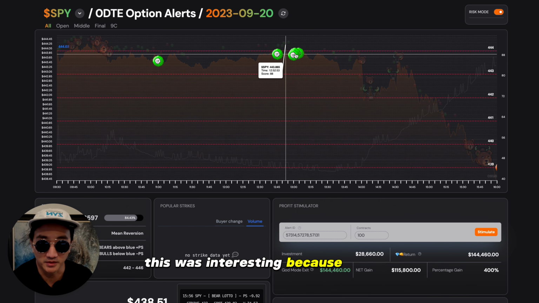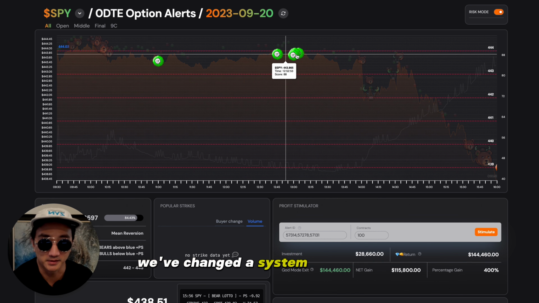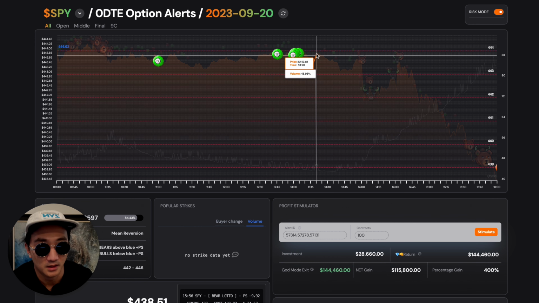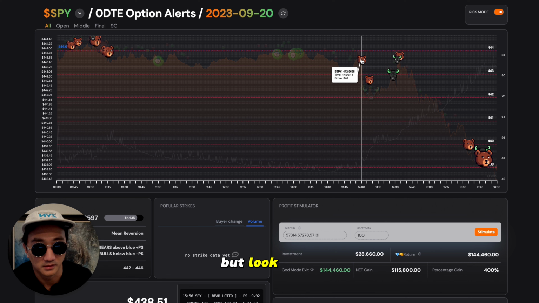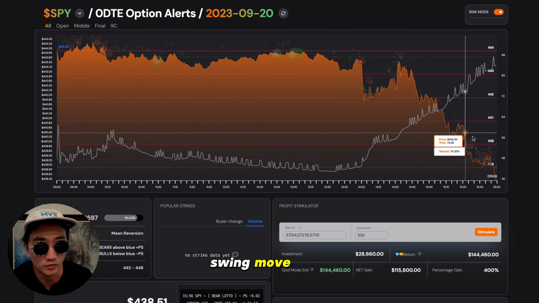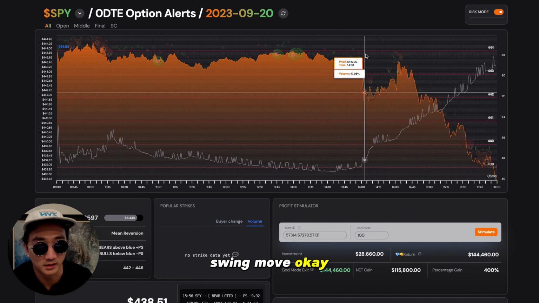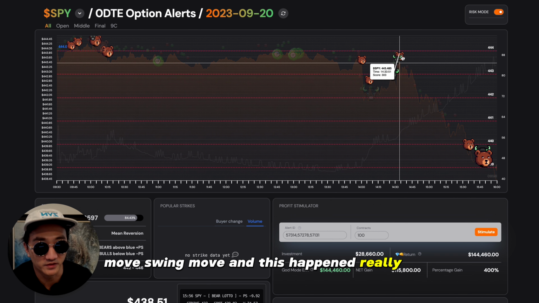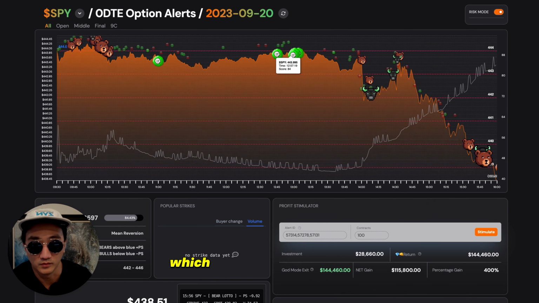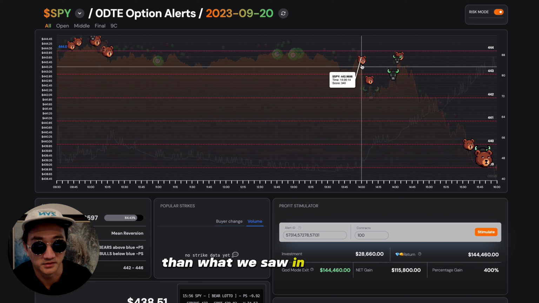This was interesting because we've changed the system a little bit to not trigger lottos as much during the middle. But look, move, swing, move. Okay, move, swing, move. And this happened really fast, and the real move started after the press conference, which is a little bit different than what we saw in December.